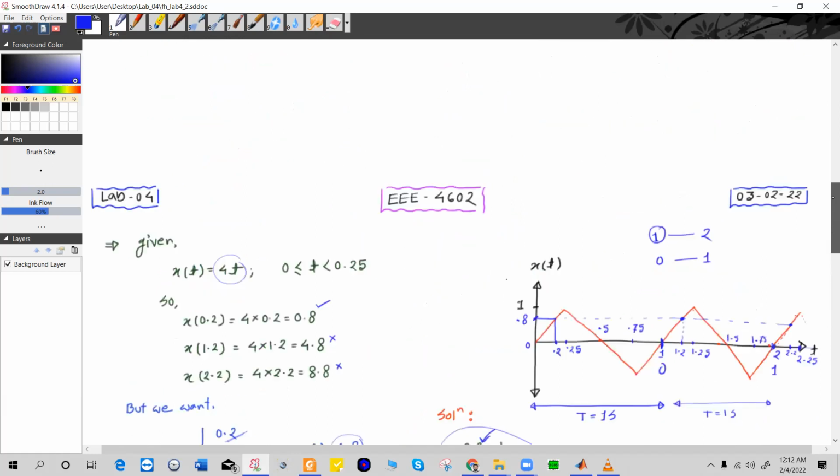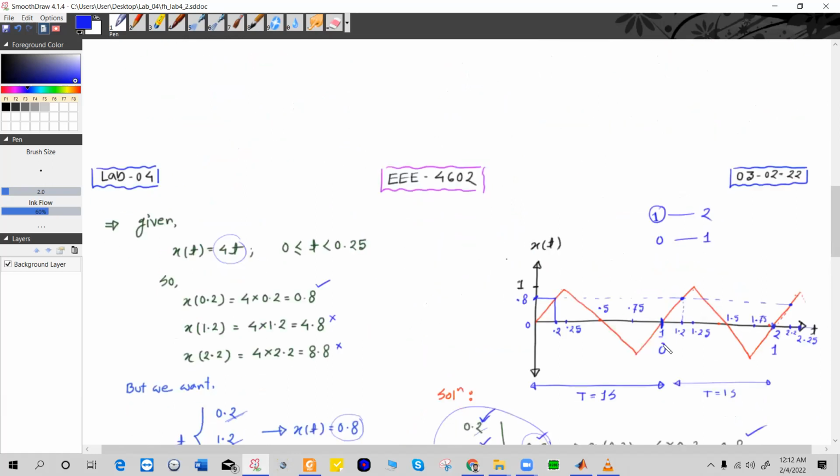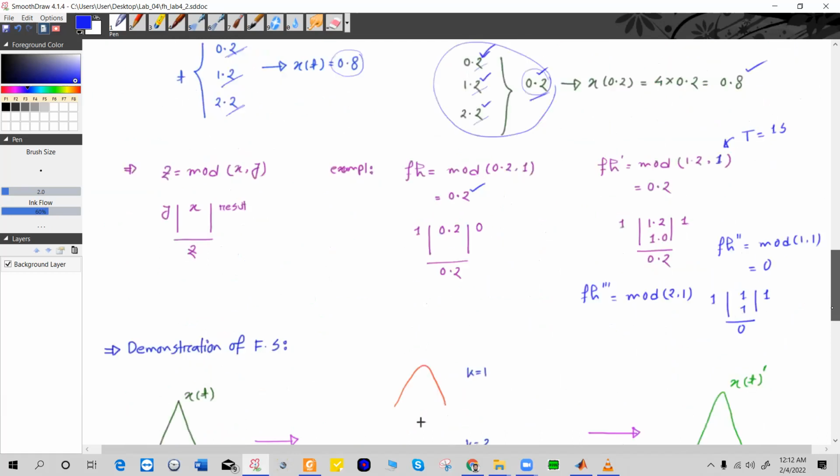Okay, sorry. This one will be 0. In fact, this should also be 0. Let's check. Your divisor is 1, your dividend is 2. So the quotient is 2, and again you have remainder 0.